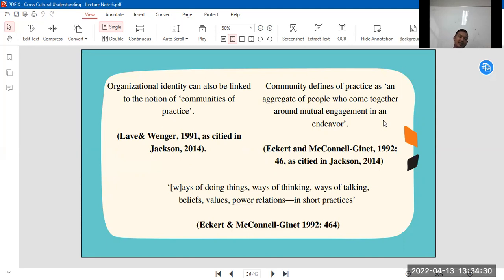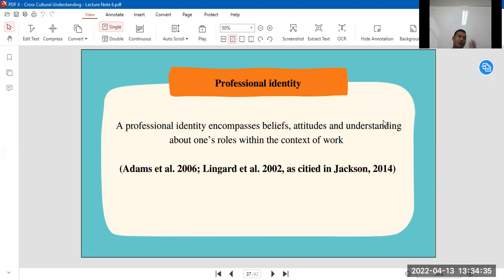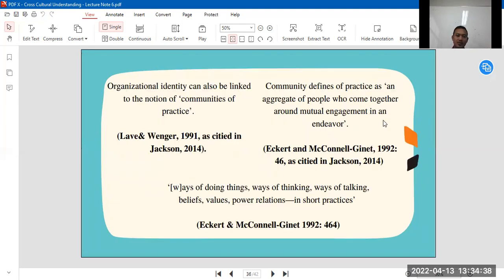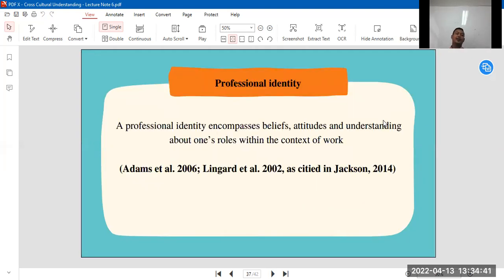We have the organizational identity, and also we have the professional identity. Professional identity here encompasses beliefs, attitude, and understanding about one's role within the context. Related to the notions of organizational identity is the formation of professional identity, which refers to an individual's sense of belonging in a particular profession.